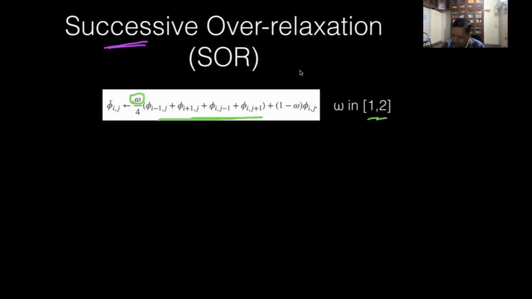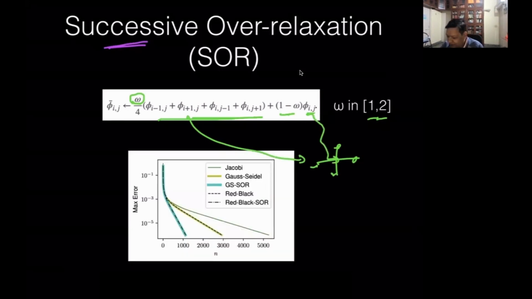So I choose 1.5 and keep the old values as 1 minus omega times phi i comma j, the center value, not old values. These are the 4 neighbors, but this is the center value itself. And what do we get? SOR requires 1000 iterations, much less, and also less time.